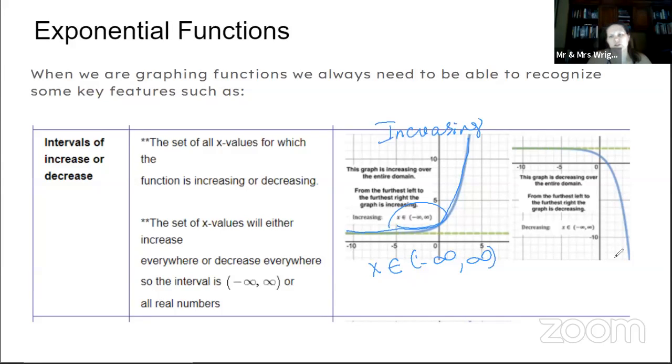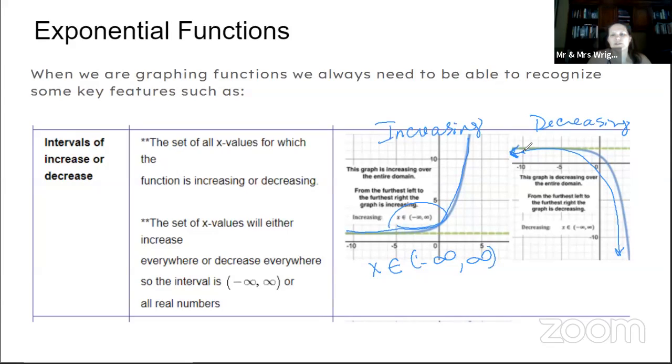So then what's this graph doing? If we go from the left to the right, what's happening? It's going downwards. So it's decreasing. This one is decreasing. Okay, and the values go from infinity, meaning it doesn't ever stop. That's what these mean. I didn't get into it over here. It means it doesn't ever stop.